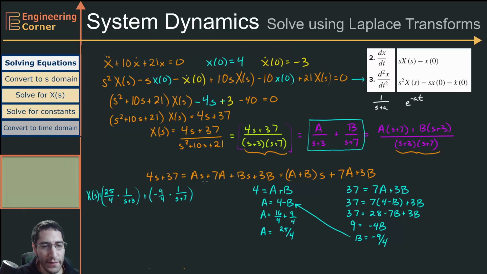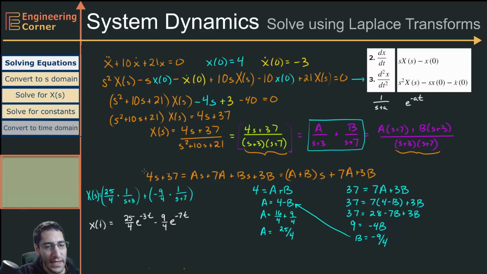Now I can use this relationship, or this table entry, for both of these entries right here, and just keep the coefficient. So my function x of t is going to be equal to 25 over 4 times e to the minus 3t, and then minus 9 over 4 times e to the minus 7t.